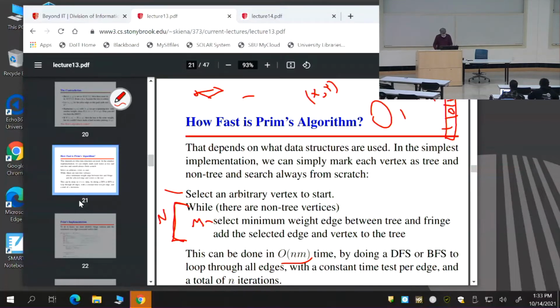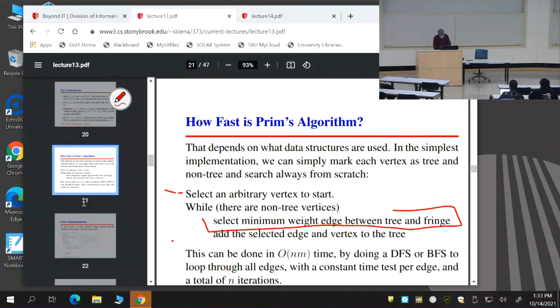Now, in fact, we would like to be able to do faster than n times m time. And the question is, is there a way to do this part faster? Is there a faster way to find the minimum weight edge linking a tree vertex to a non-tree vertex?